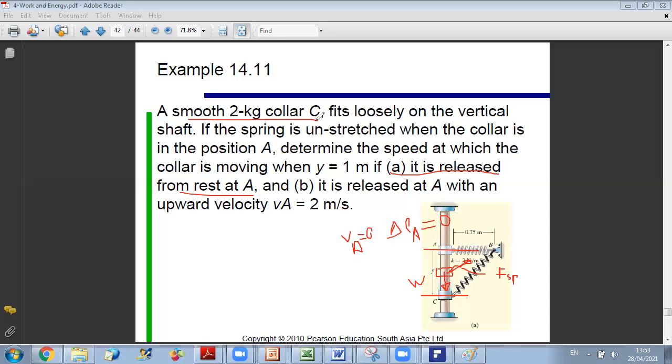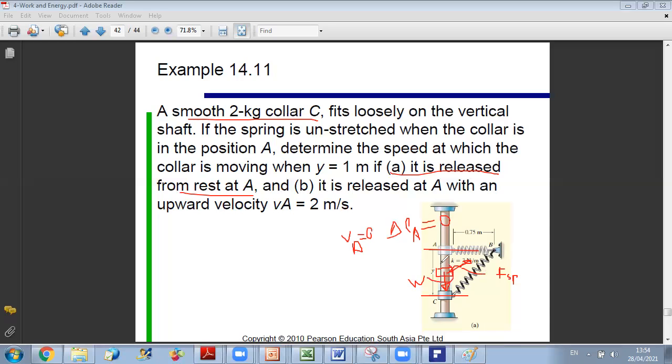Smooth collar, no friction. The rod is smooth also. So I also have a normal reaction. Why do I have a normal reaction here, do you know?